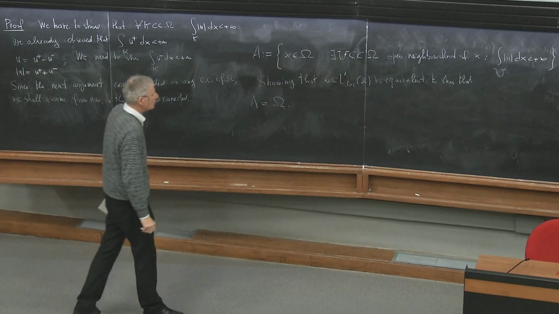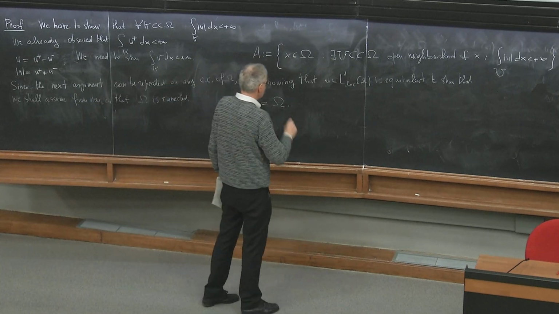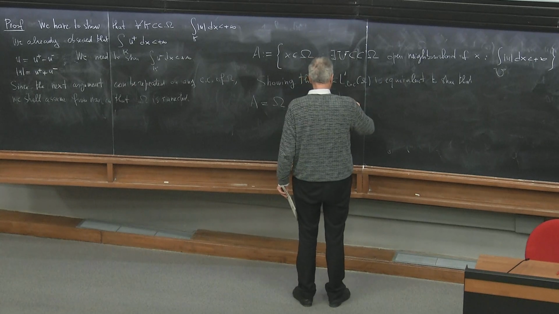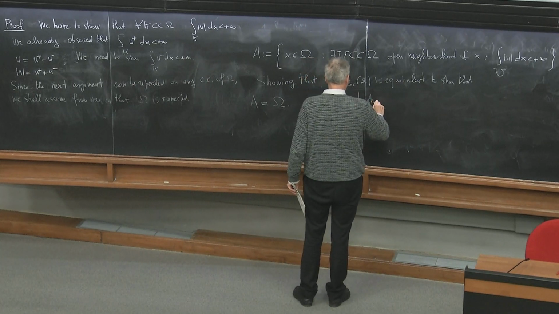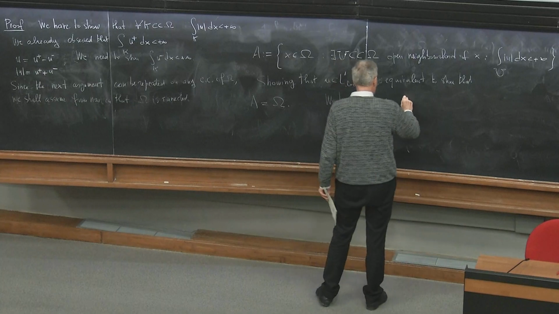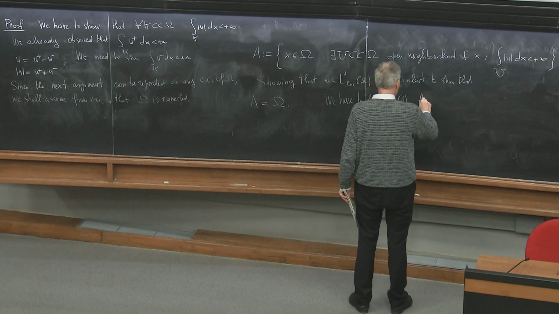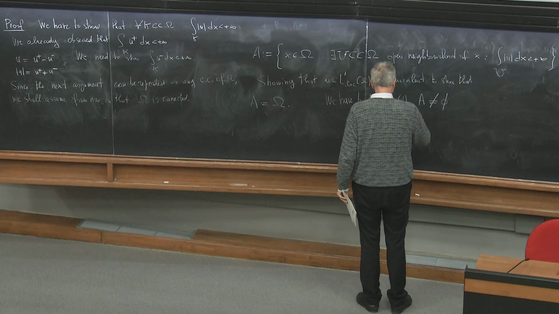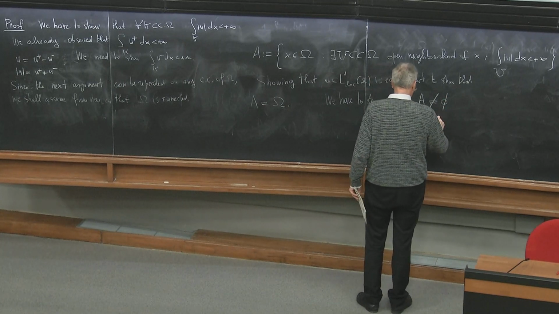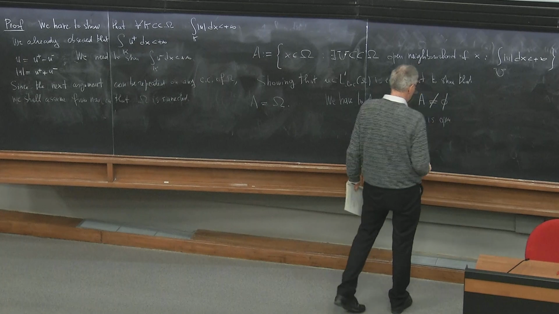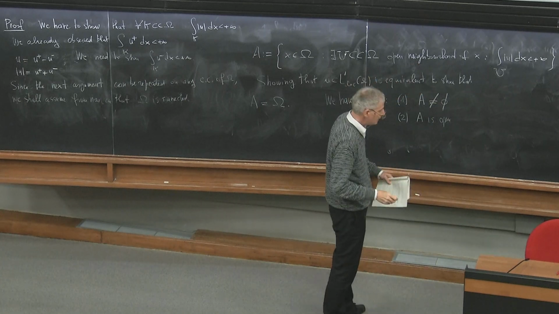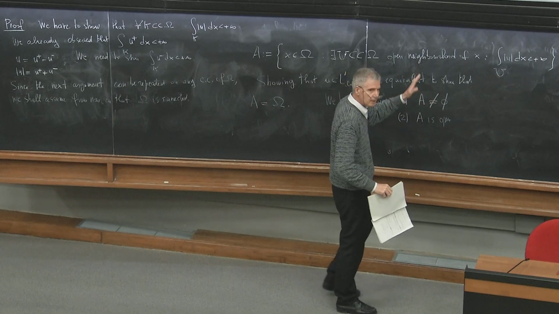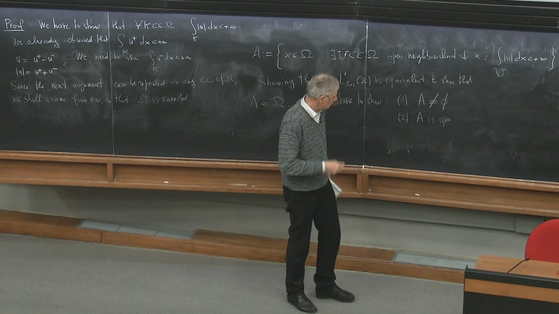So we have various things to prove. One, A is non-empty. Two, A is open in the relative topology of omega. Openness is a direct consequence of the definition.